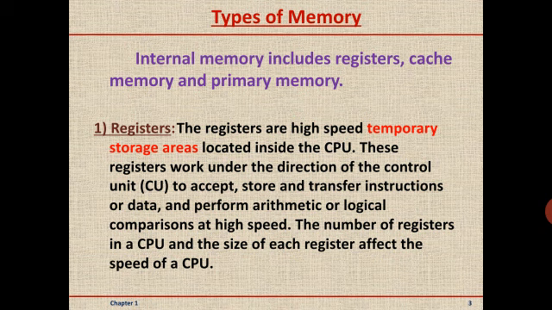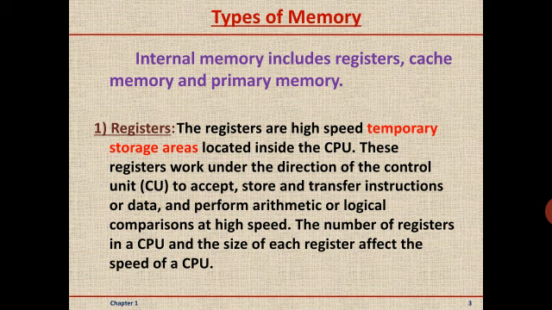The internal memory includes registers, cache memory, and the primary memory. Now first let us learn what are registers. Registers are high-speed temporary storage areas located inside the CPU.